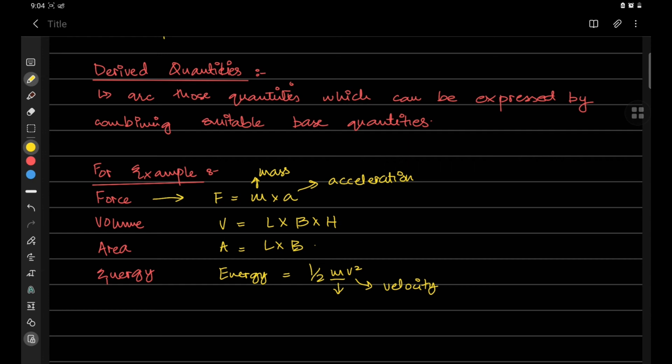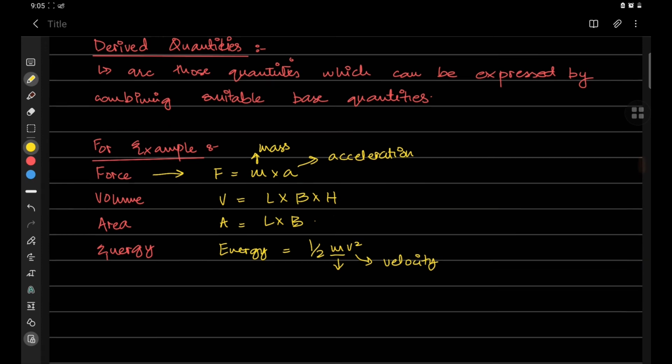So that's it for base quantities and derived quantities, which are two different types of physical quantities. What they have in common is that we can physically see and physically measure them, and we can calculate them in different ways.